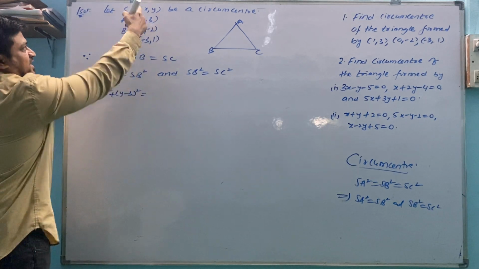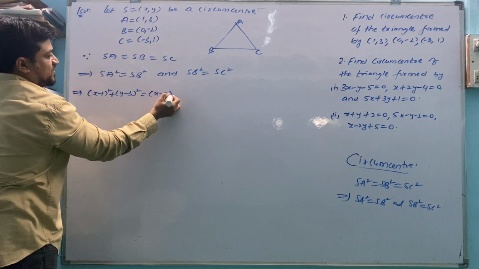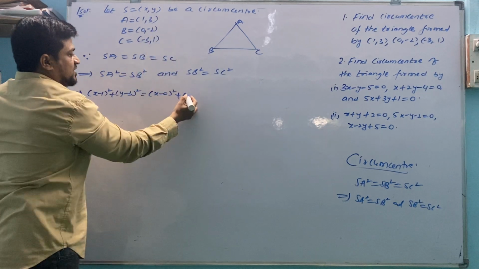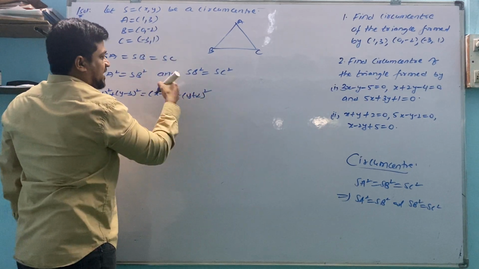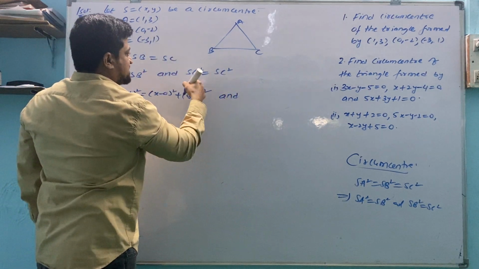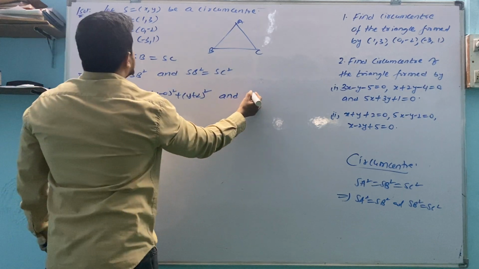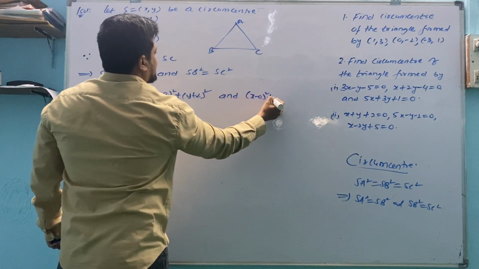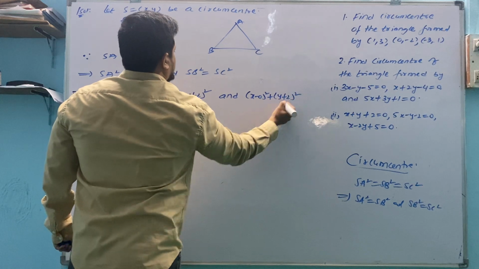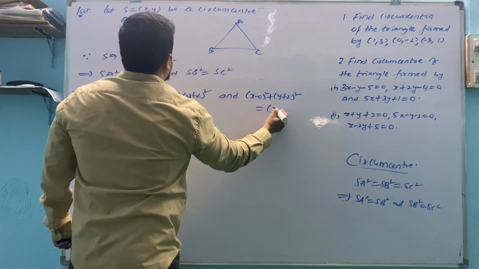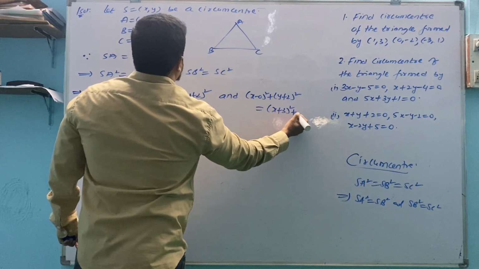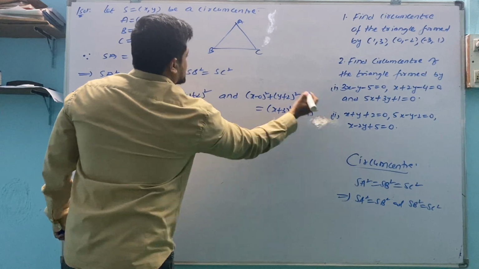Same thing. SB, S and B: first minus first whole square plus second minus second whole square. And SB square equals SC square: first minus first whole square plus second minus second whole square.